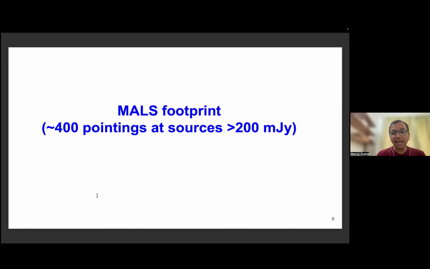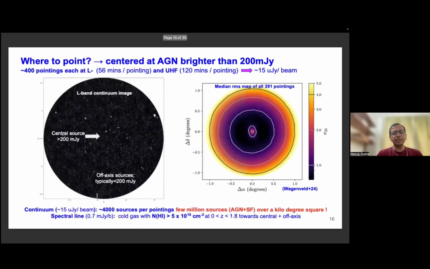But how do we select these bright radio sources in the sky? So this is showing such example pointing from our survey. This is actual MeerKAT image that has come out. At center, there's this bright radio source, and there's this large number of numerous sources that we have detected. Each pointing actually has about 4,000 sources, but of these, only few hundred are bright enough to provide sensitive detections of absorption lines.